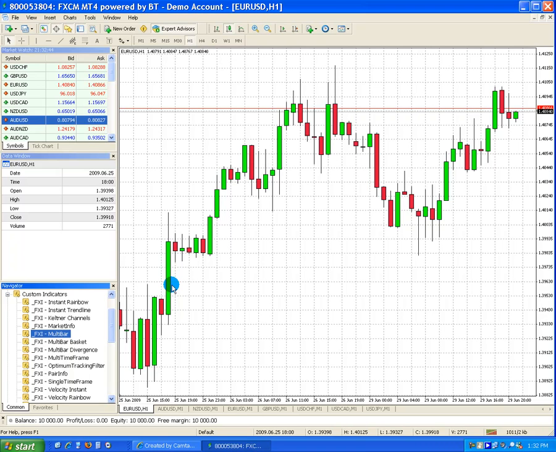Now, before you run MultiBar or any of our internal indicators, you need to have the 1 minute data for all US dollar-based pairs of the majors. And for us, that's the Australian dollar versus the US dollar, the New Zealand dollar versus the US dollar, the euro versus the US dollar, the pound versus the dollar, the pound Swiss, the dollar Swiss, the dollar CAD, and the dollar yen.